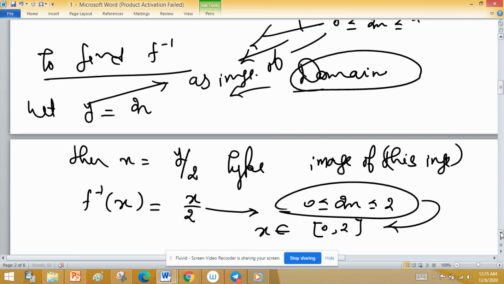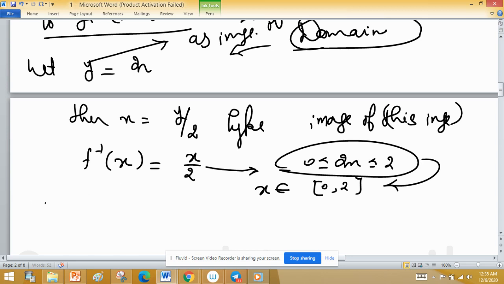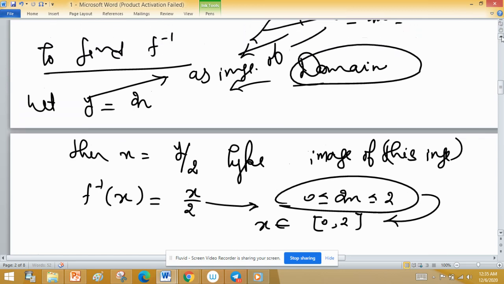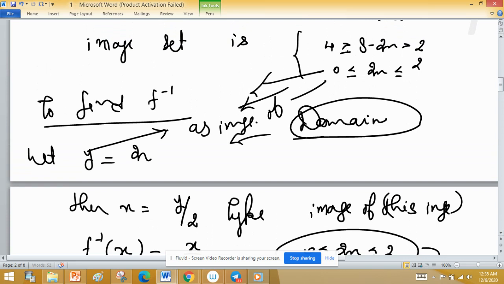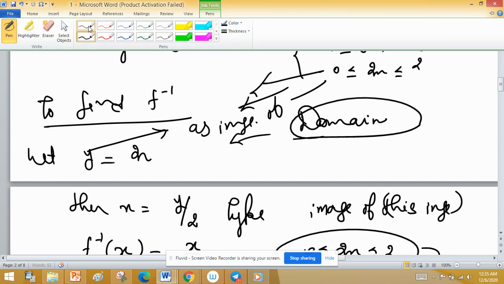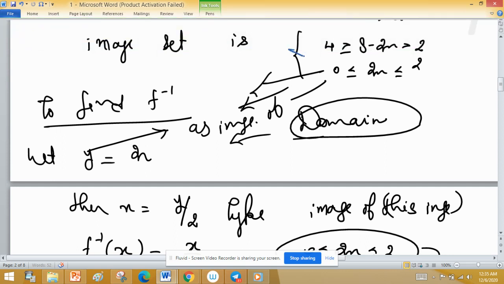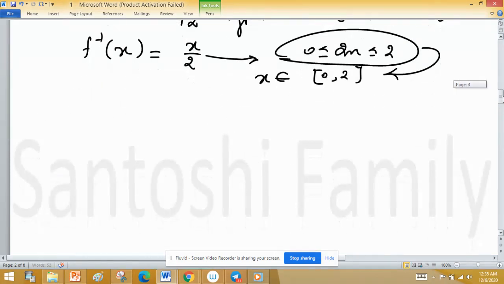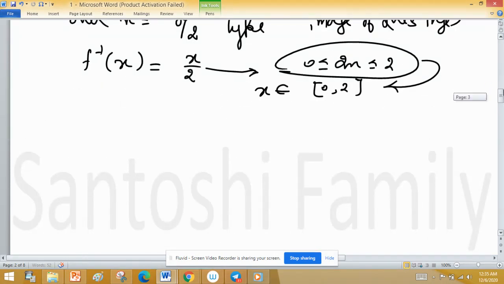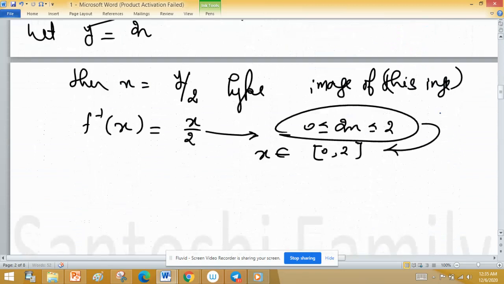Now similar work we will do for another inequality we obtained, which is 4 greater than or equal to 8 minus 2x greater than 2. You can look here: this is 4 greater than or equal to 8 minus 2x greater than 2.